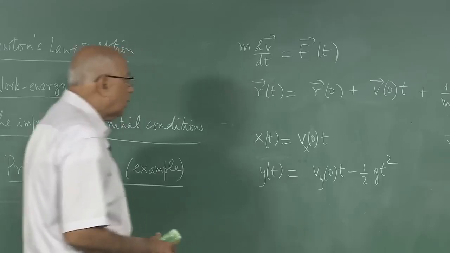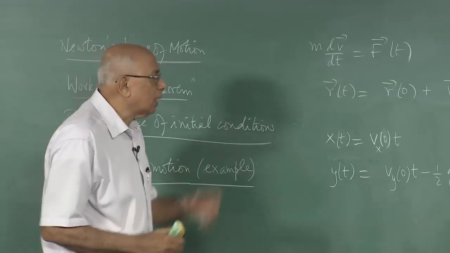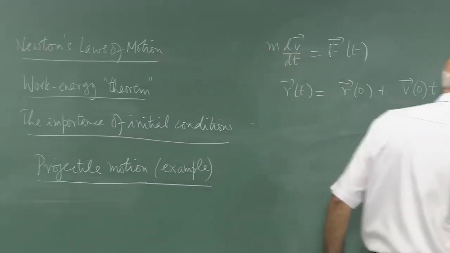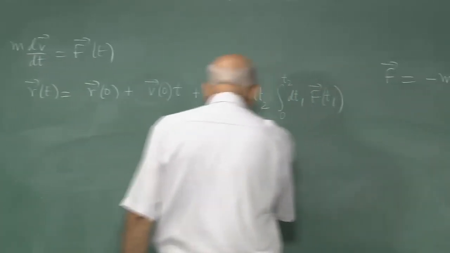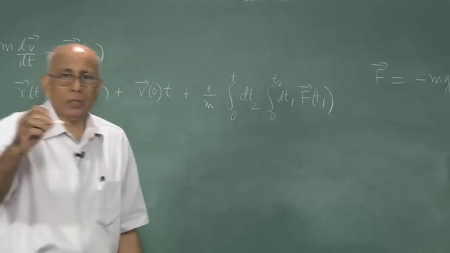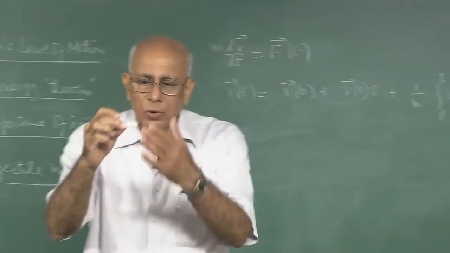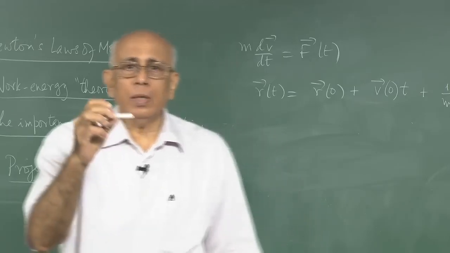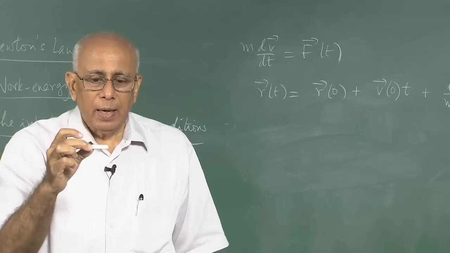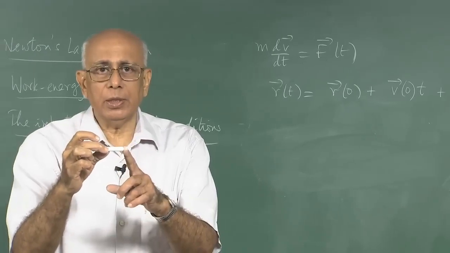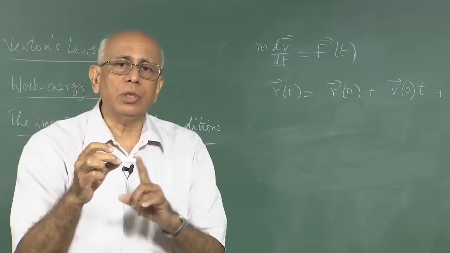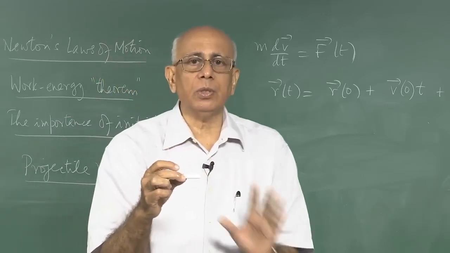It is also important to understand the role of initial conditions, and let me say a word about this here. If I start with this object here and I say there is a force of gravity acting on it and nothing else acting on it, I tell you what its initial position vector is, and I tell you the force on it initially and at all instants of time, it is not possible to predict the future path of this particle based on this data.